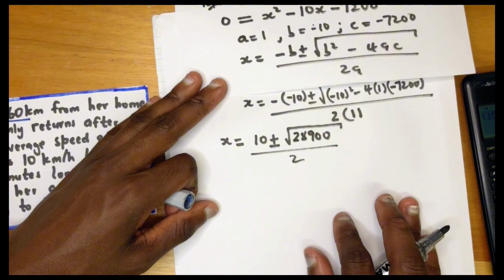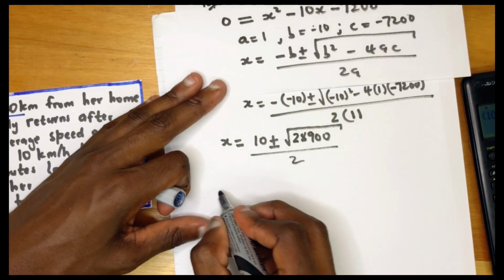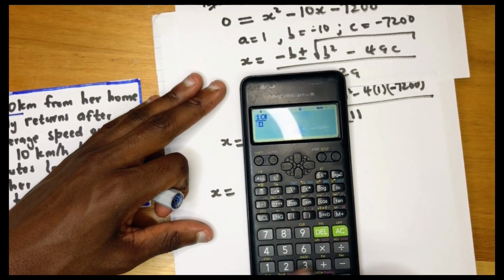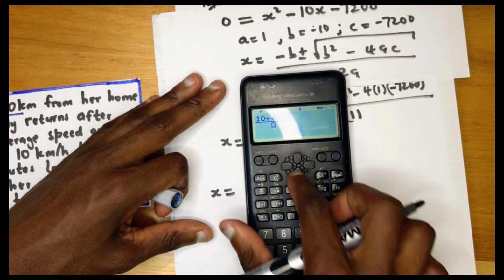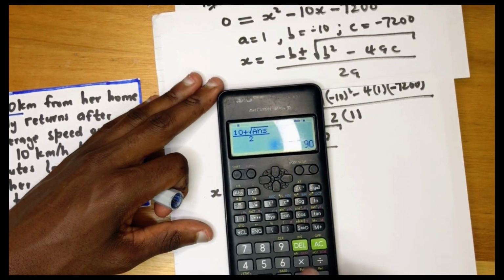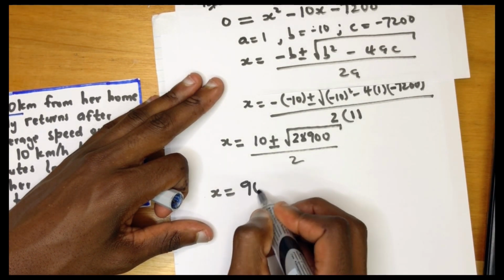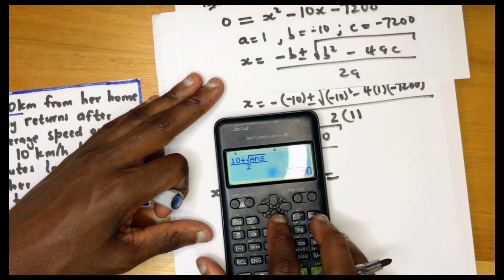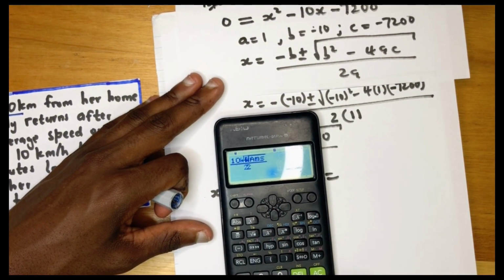Now it's a matter of using your calculator, guys. If we press 10 plus root the answer, then we have 2, then what do we get? We get 90 as our first answer, or x.